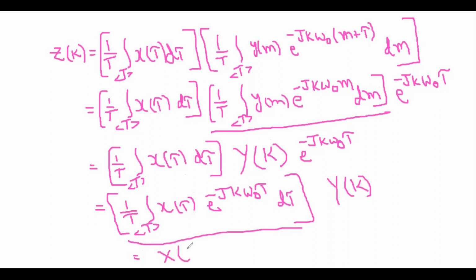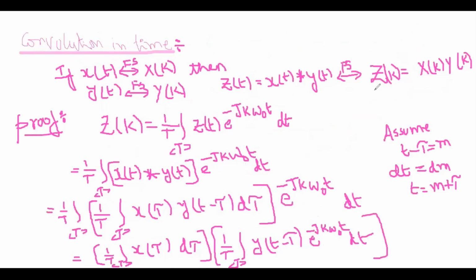So here it becomes x of k into y of k. Z of k is equal to x of k into y of k.